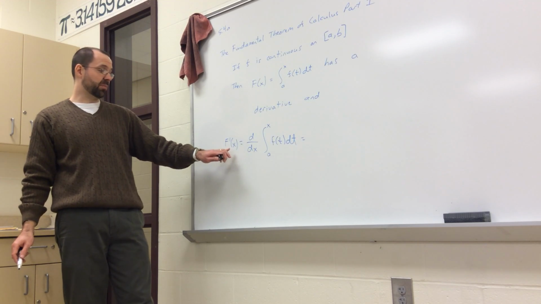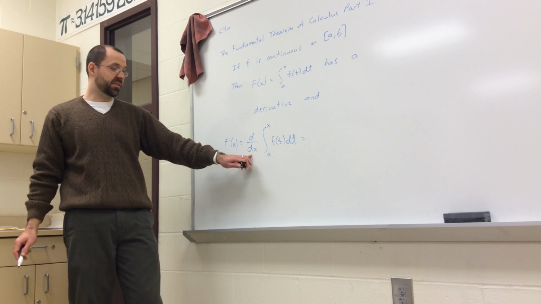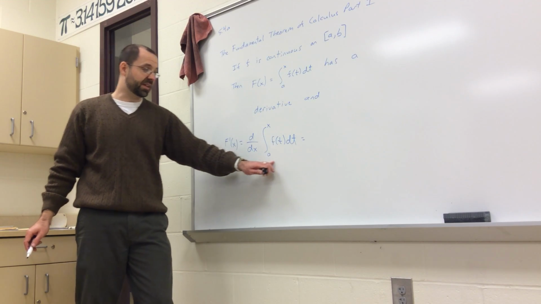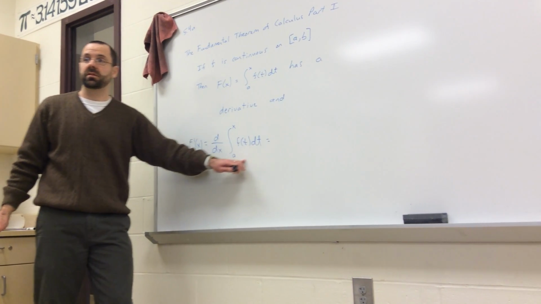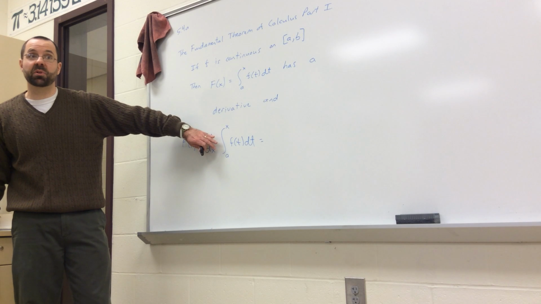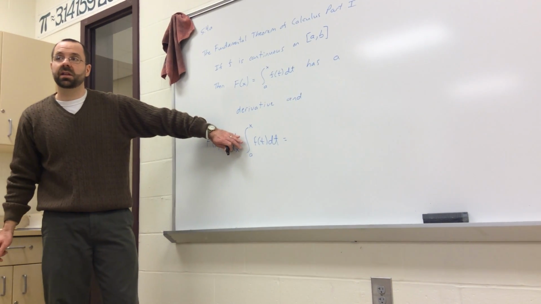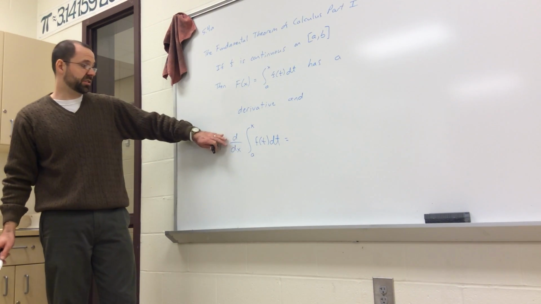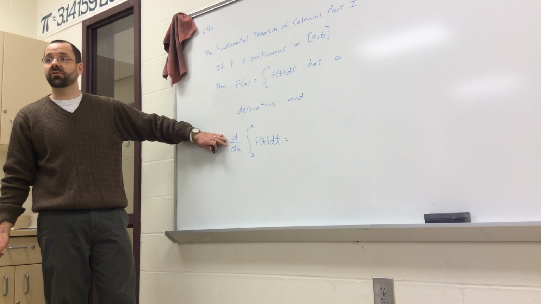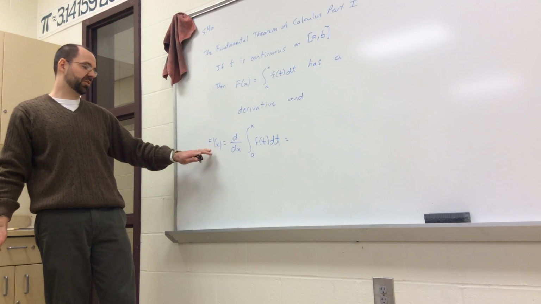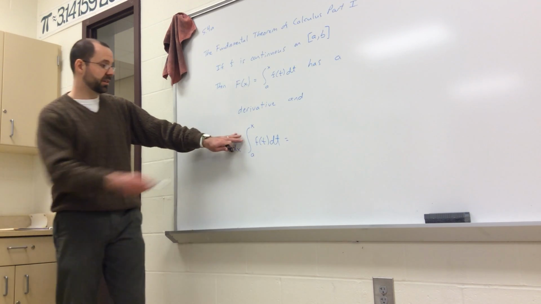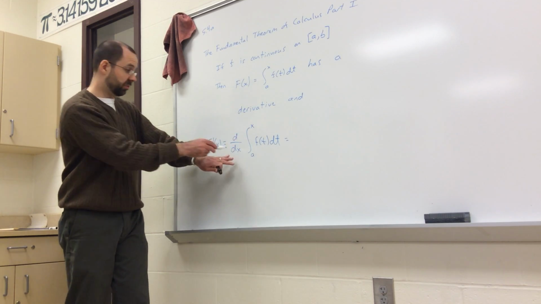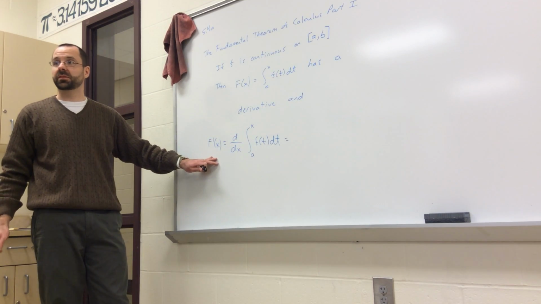To figure out capital F prime, I can just take the derivative of what the capital F is. Sitting there is the capital F, and I'm trying to figure out its derivative, so I just slapped a derivative sign in front of it. And that's also called capital F prime, because this is capital F, so the derivative of it is capital F prime.